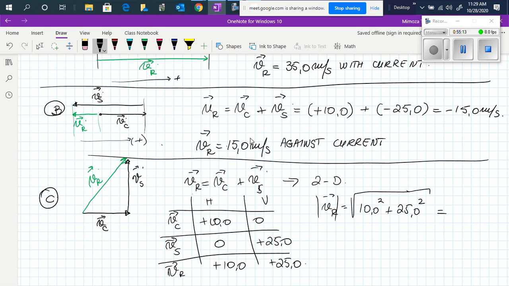So 100 plus 625, the whole thing square root, is 26.93 meters per second, and the direction is the inverse tangent of 25 over 10. Please make sure that the mode is on degrees. It is 68.2 degrees.